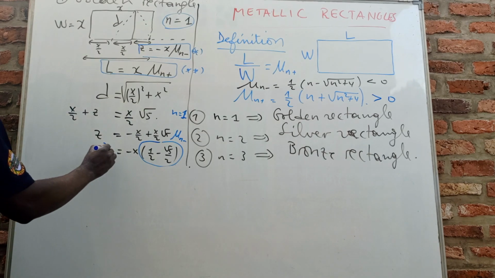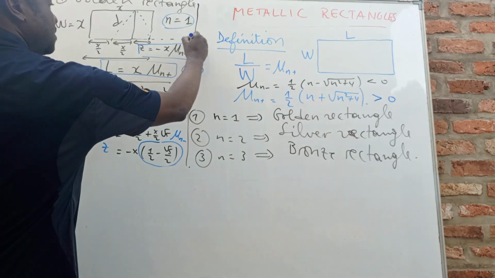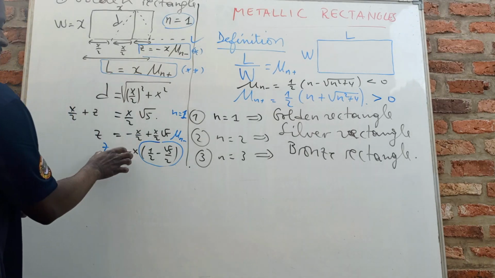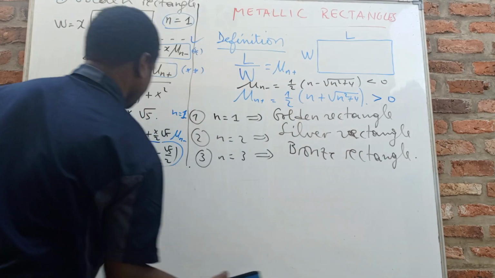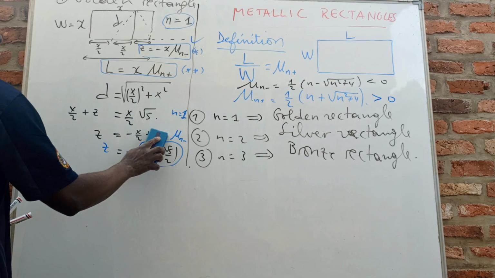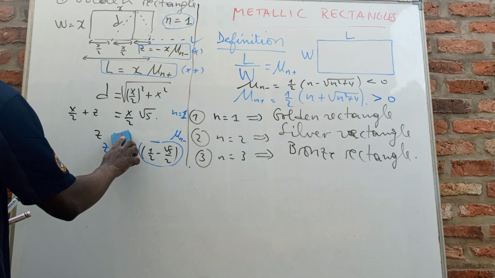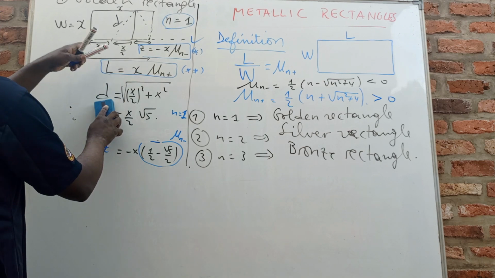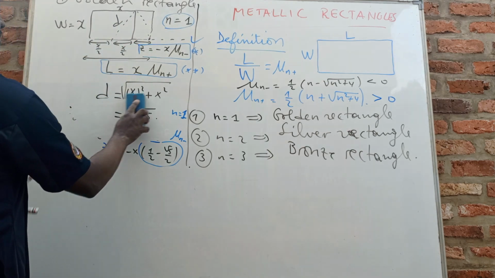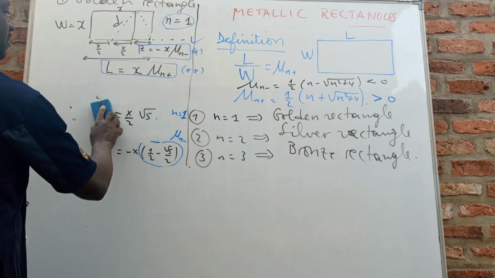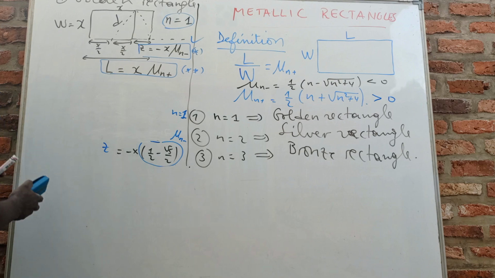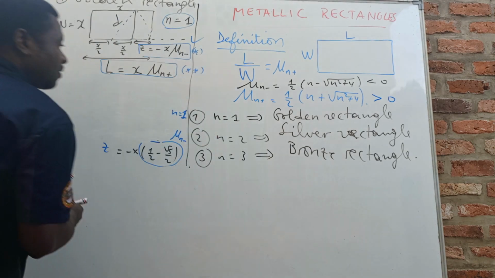So next, this relation is proved. Next, we can use this value of z and plug it into the expression of this length in order to prove this identity.